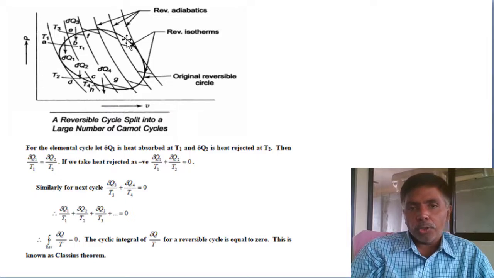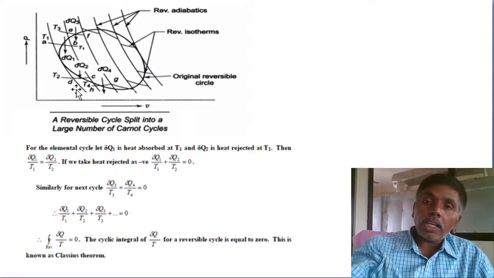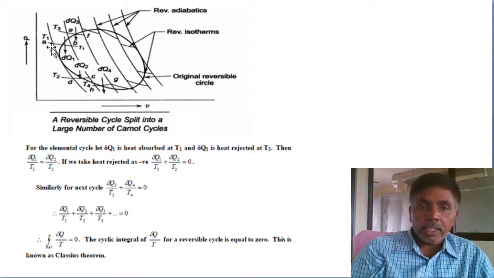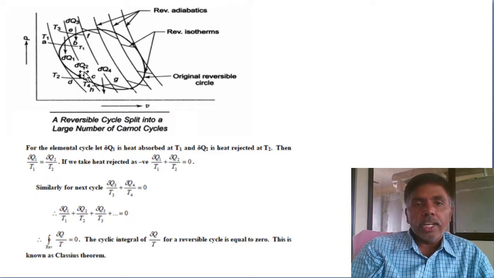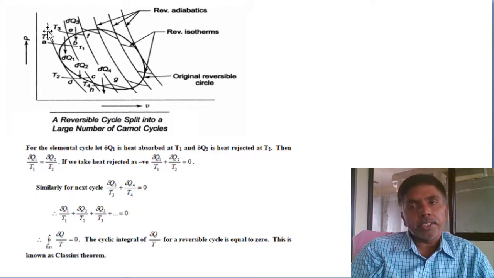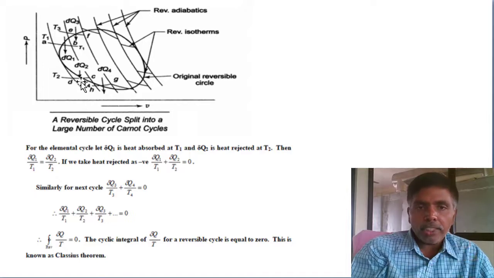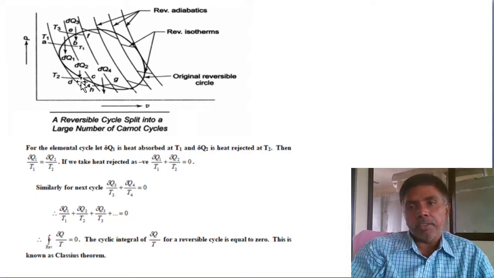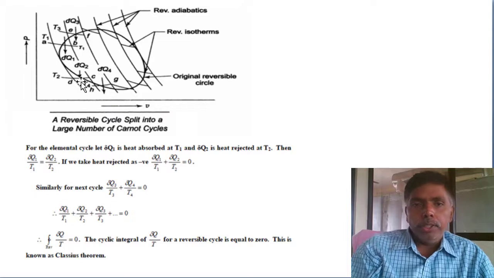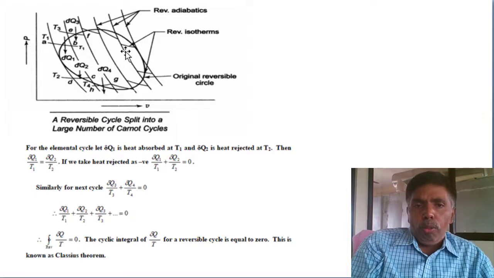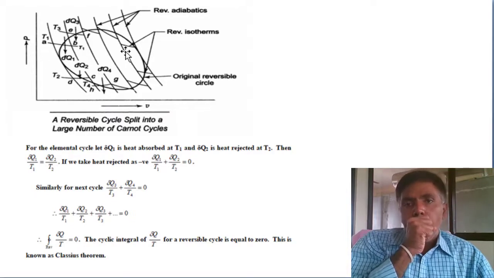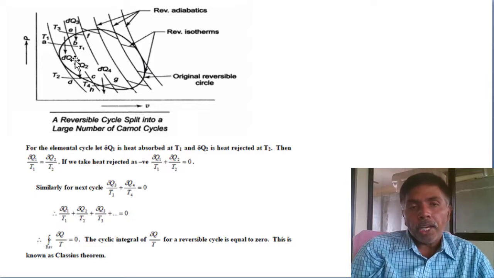So this unknown cycle is divided into known Carnot cycles. A Carnot cycle contains isothermal heat addition, adiabatic expansion, isothermal heat rejection, and adiabatic compression. The condition is that the areas must be equal. In this condition, the unknown cycle is substituted by the known process.